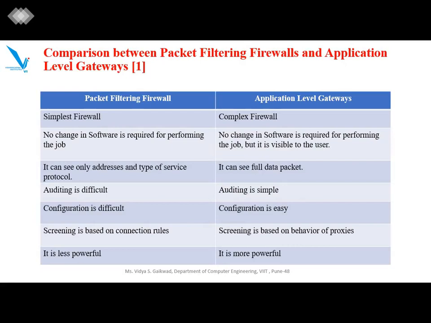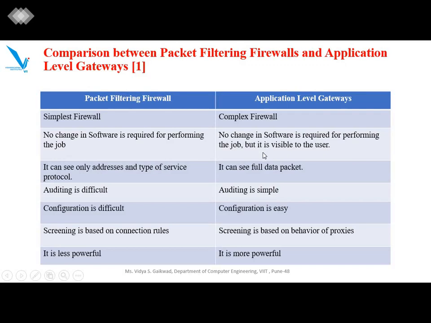So this was related to the 3 types of architecture of firewall. Now let's go through the comparison between the types of firewalls, that is packet filtering firewalls and application level gateways, right? So packet filtering is the simplest and application level gateway is complex. No change in software is required for performing the job in packet filtering.